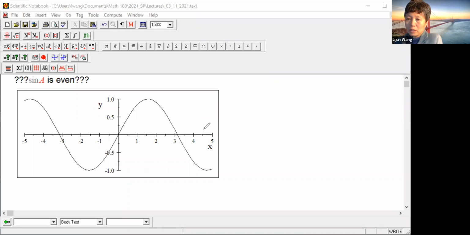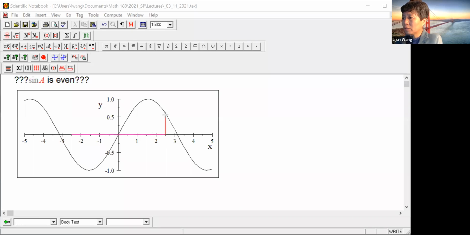But the question is, is it odd? The requirement for odd has to be very restrictive. You have your input here, the opposite input, and the output has to be opposite as well.